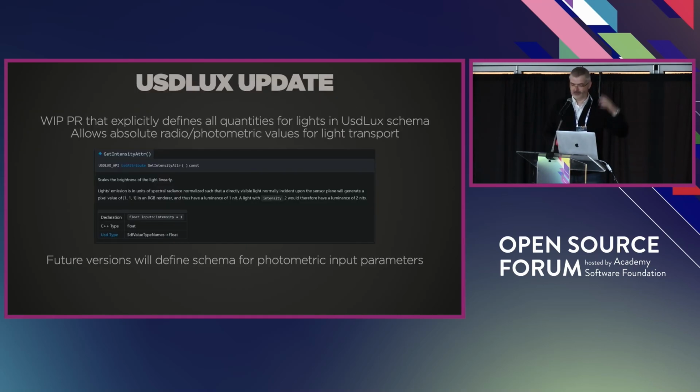Great. This will also go in USD Lux if Anders's work gets ever approved. There are some very small details to pin down, but the bulk of it is, for this one, super easy. We're just saying this is the unit and moving on with our lives.